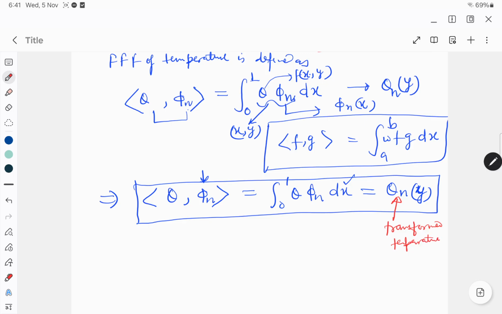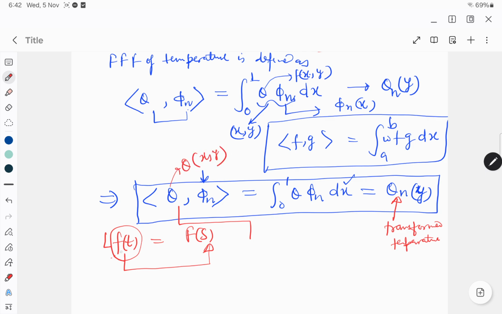Just like you take the Laplace transform of f(t) and you get the function F(s), so the Laplace transform of f(t) is F(s). Similarly, take the transform of the function theta, which is also a function of x and y. This is the dependent variable, just like f(t) is a dependent variable, and f(t) is also the solution of the differential equation.